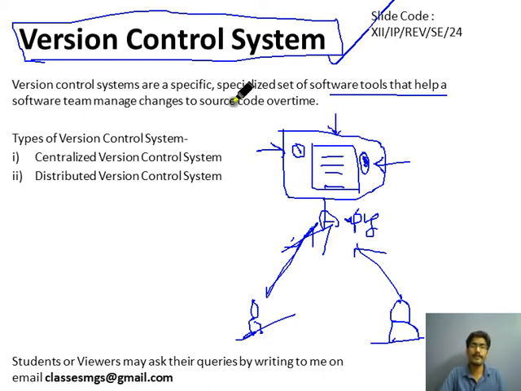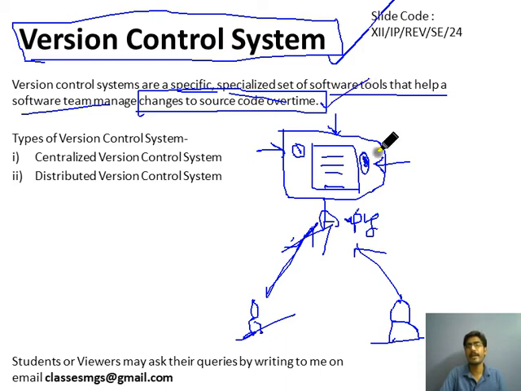Okay, so we can see version control systems are a specialized set of software tools that help a software team manage the changes of the source code over a period of time. Let's suppose developer 1 wrote on line number 1 at 10:15 a.m., and at 10:16 a.m. developer 2 has done some changes on the same line.